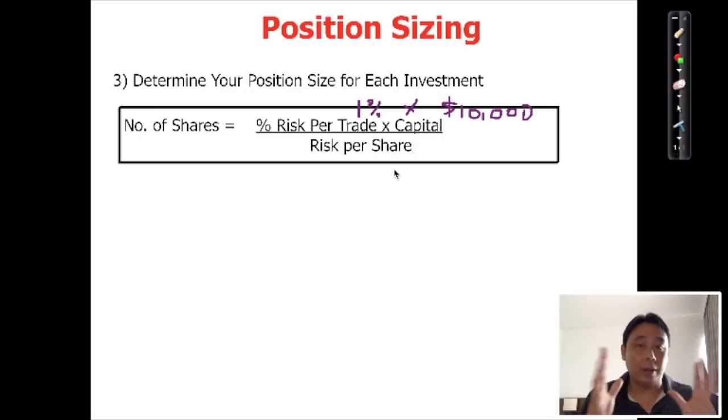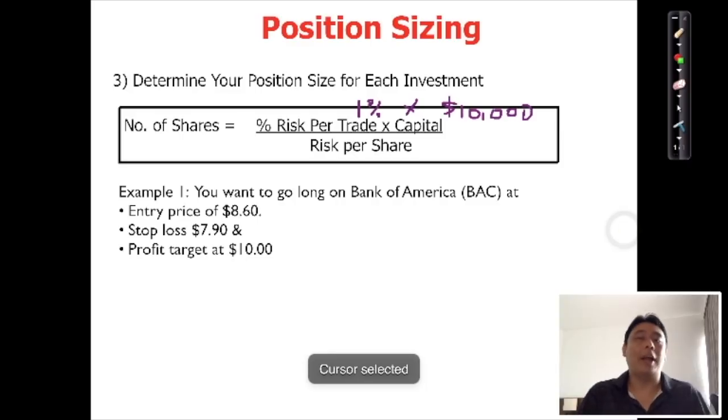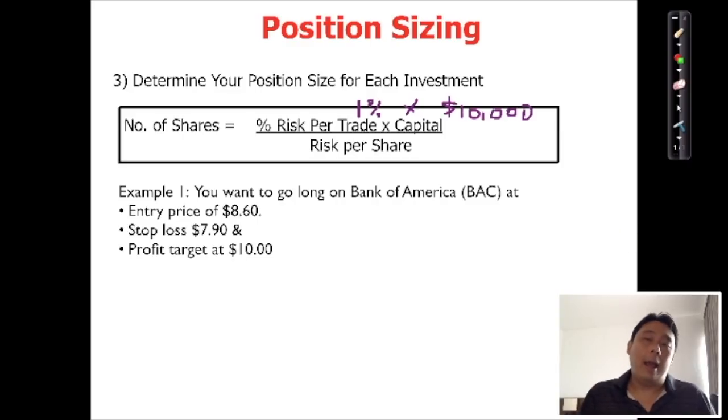So let me explain this with an illustration. Let's imagine you've got a trade right now and you want to go long on Bank of America, okay? And your entry price is $8.60. And you decide to put your stop loss at $7.90, okay?